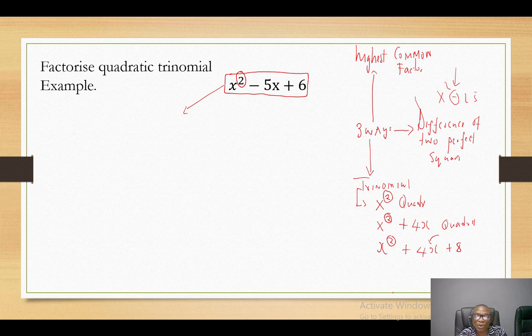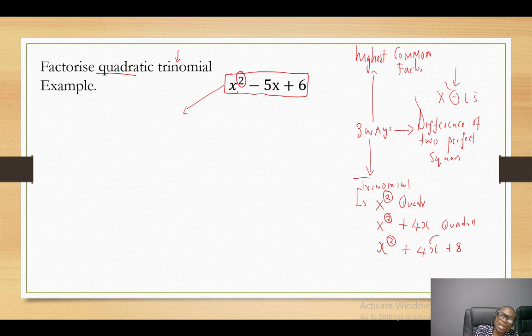So this is the expression that we will be factorizing. A quadratic which has three terms. Remember, the word trinomial means three terms. So we're going to factorize a quadratic that has three terms.